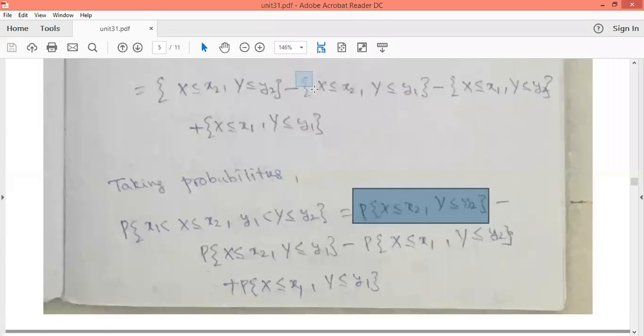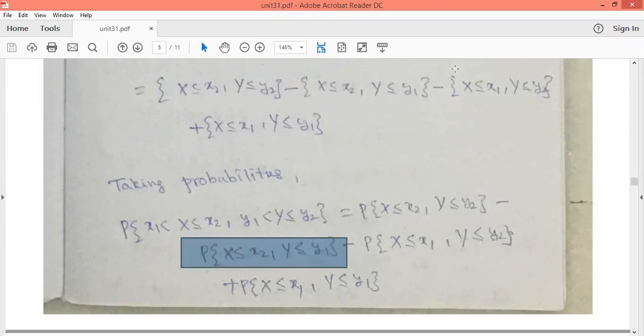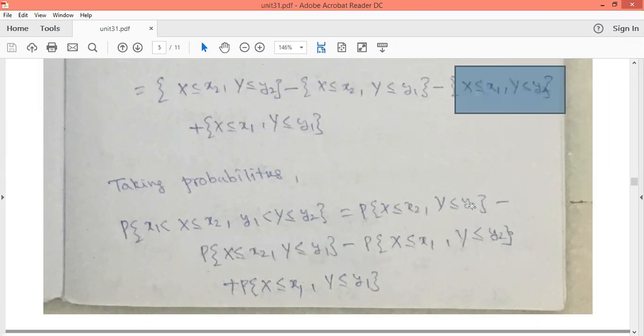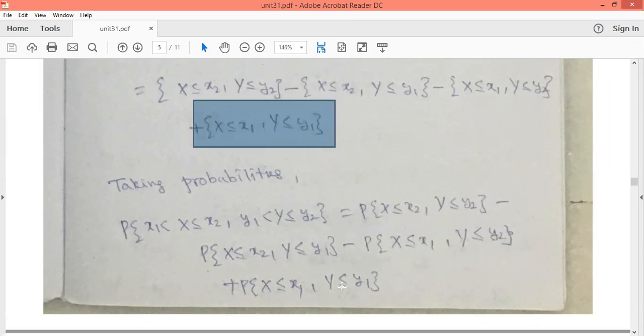Now minus probability of x less than or equal to x2, y less than or equal to y1, minus probability of x less than or equal to x1, y less than or equal to y2. And similarly the last term, plus probability of x less than or equal to x1, y less than or equal to y1.